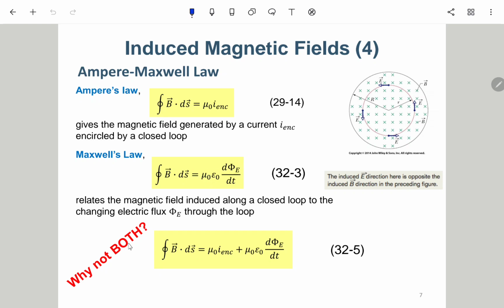So the question is, why not both? We make it so that the line integral equals this term, which is due to the static current, plus this term, which is due to the changing E field. Both of them will generate a B field.